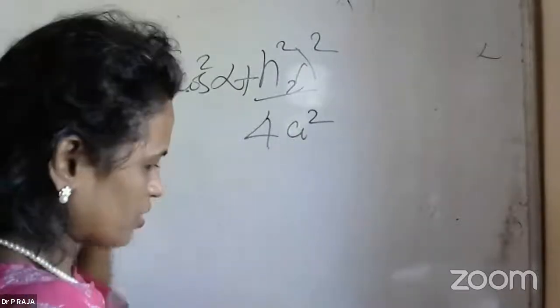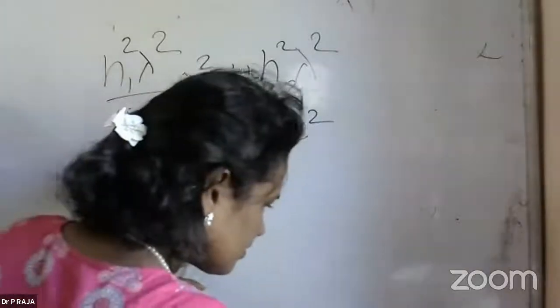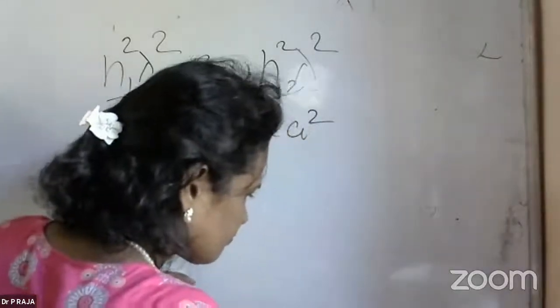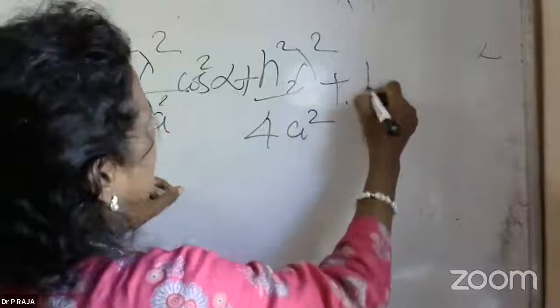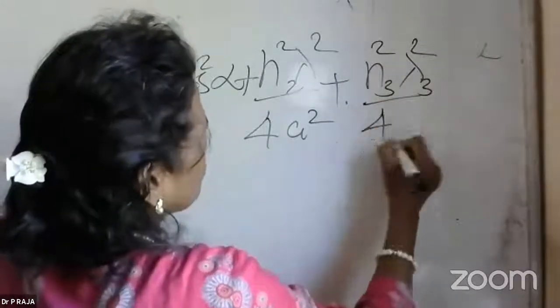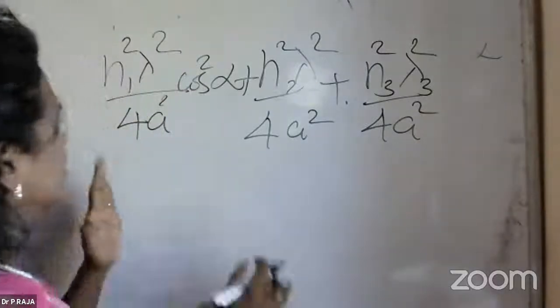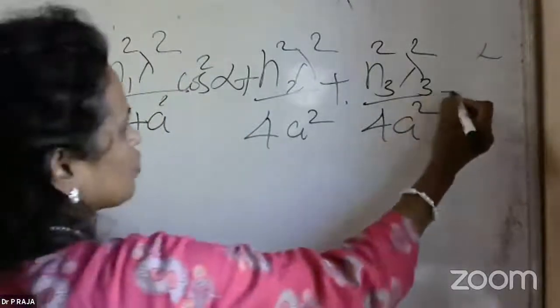I'm squaring on both the sides. Here it will be plus n3 square lambda square by 4a square, and so on. Now add up all these things. Take the 1 on one side.